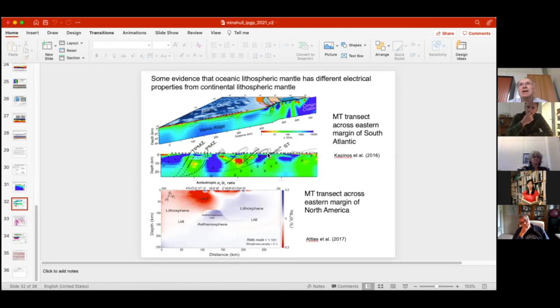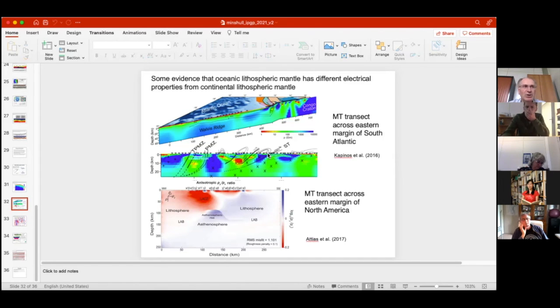With our controlled source seismic data, the depth that we get to varies a bit, but very often we can reach velocities of 8 kilometers per second, where we'd say there isn't serpentinization. But normally we just see a smooth velocity increase with depth.